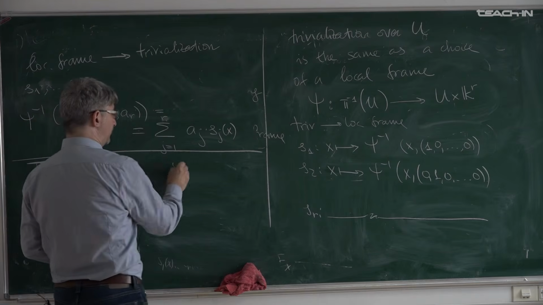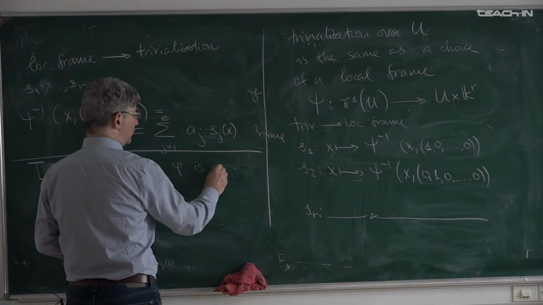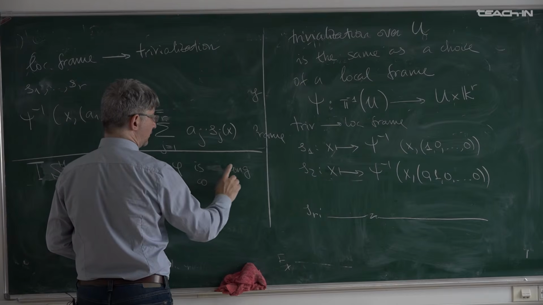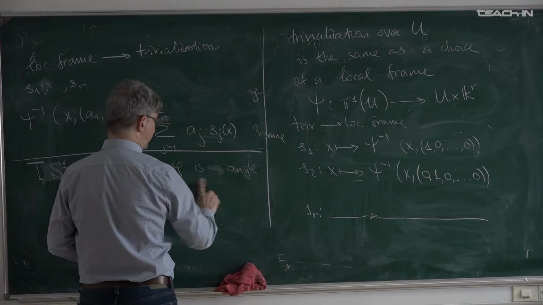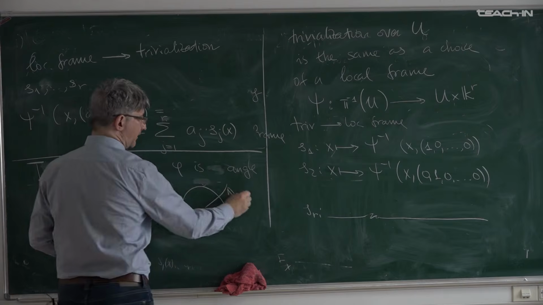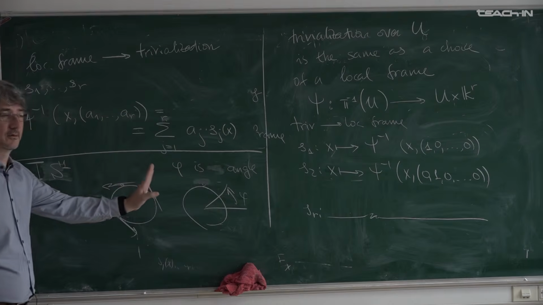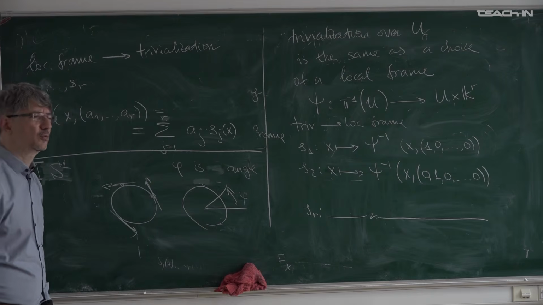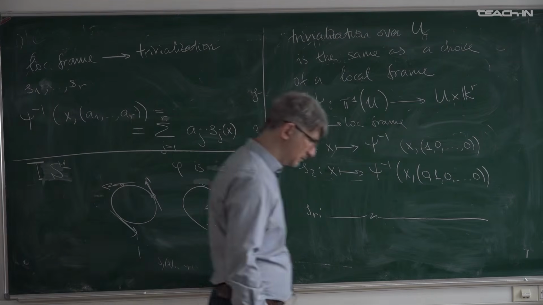Look here. Phi is the coordinate. Phi is an angle. We need to solve two action. Sorry? For trivialized. Which action? Group action of SO2.